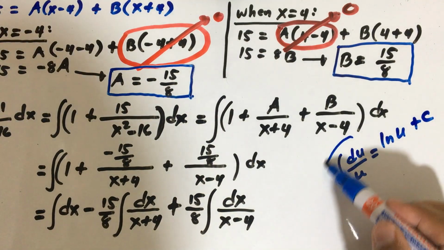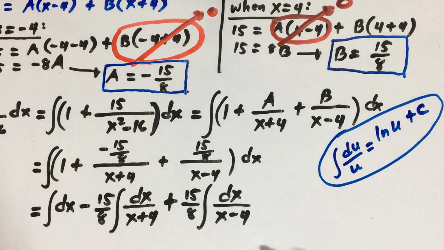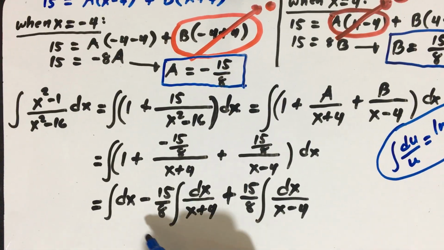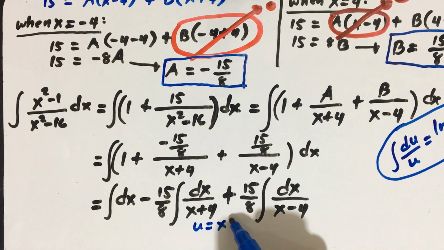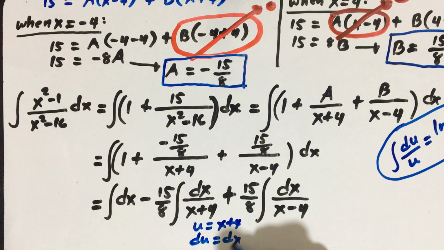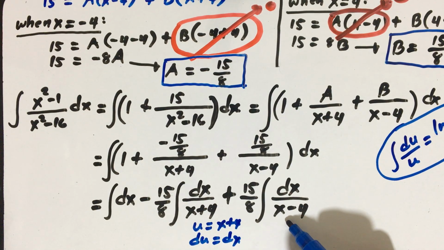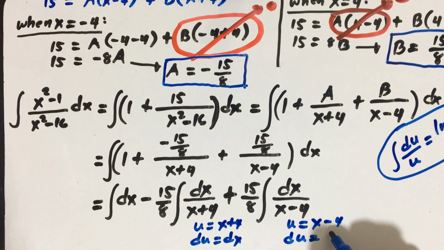So from this result we can have our u here as x plus 4, then our du is equal to dx, and in the third term we have u as x minus 4, then our du here is equal to dx.